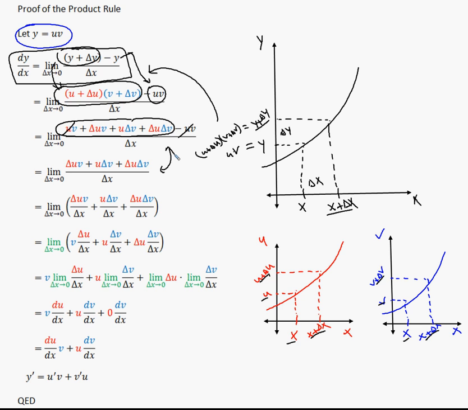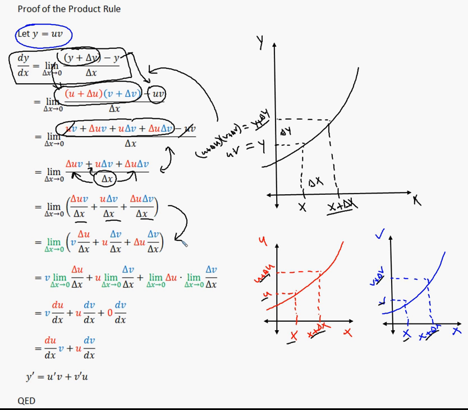What we do next is distribute the delta x into each of these three terms, right? And so we get these three fractions, right? With delta x dividing into each one of them. And then from that step to this next step, it's a simple rearrangement.